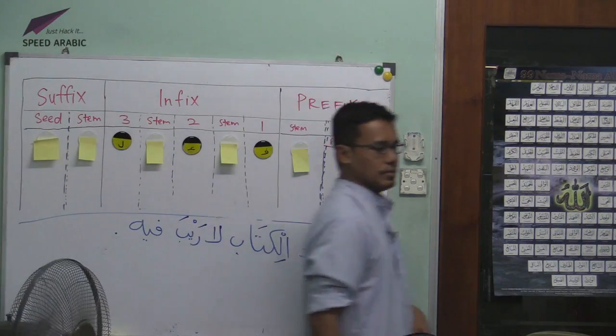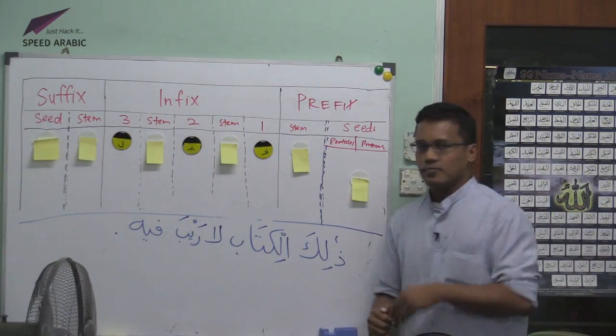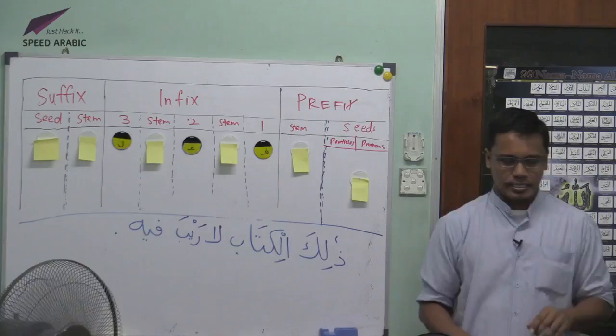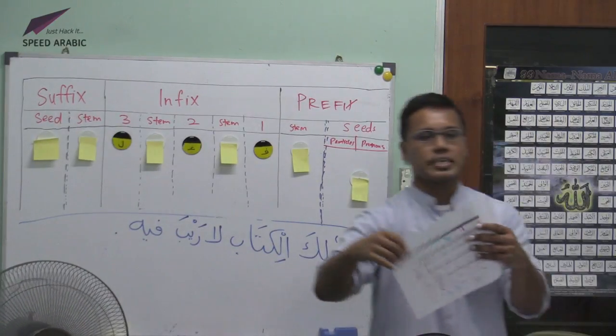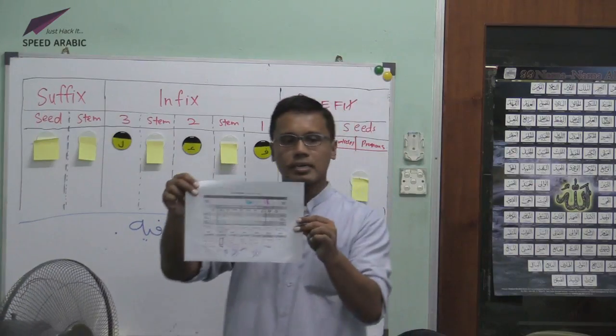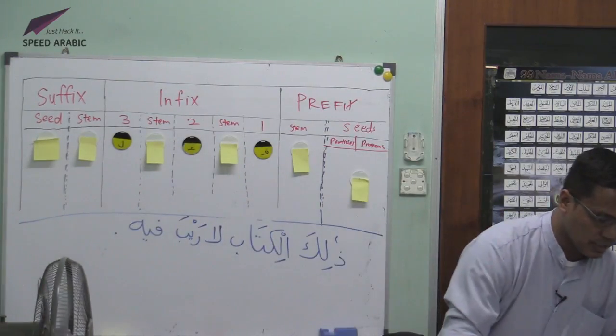The first step for you to hack, if you have this hack process paper, you can take it out, is to typify the word.